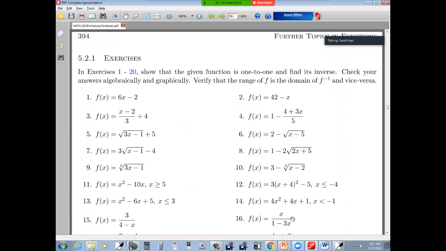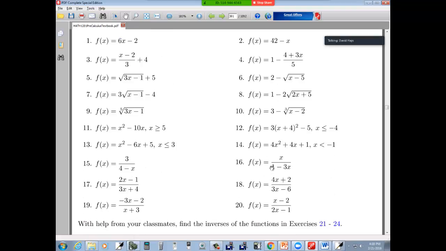Exactly. Now where that comes in is that if your problem is not a one-to-one function, then it doesn't have an inverse, and you shouldn't even try to find it. Now see how these ones down here have x squareds in them? But all of them have conditions put on them. They put those conditions on there so that it will have an inverse.